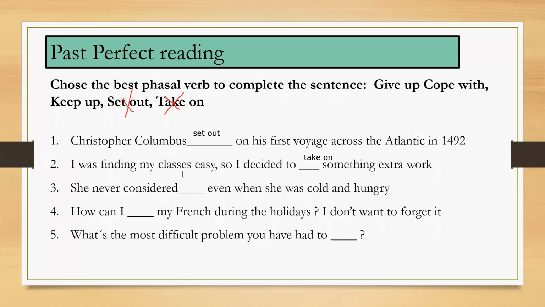Continuar, ella nunca consideró continuar aun cuando hacía frío y hambre. Or deal with some difficulties. O ella nunca consideró rendirse aun cuando hacía frío y hambre. Give up, teacher. Very good. Give up, right? She never considered to rendirse, right? She never considered to give up, even when she was cold and hungry.